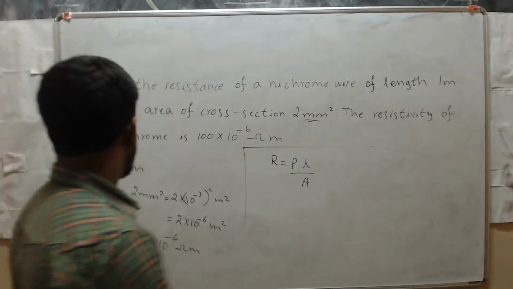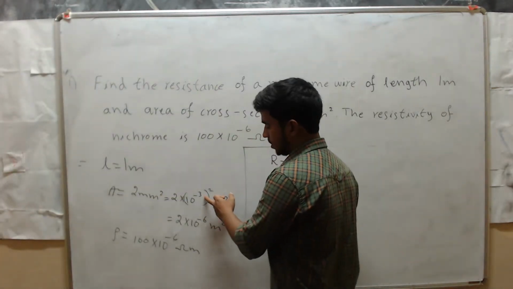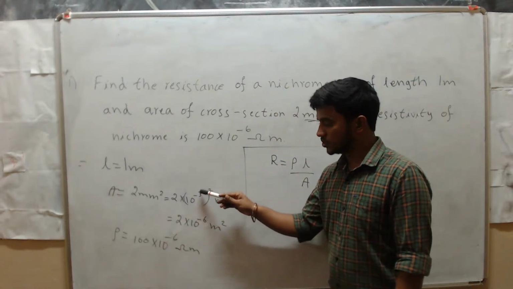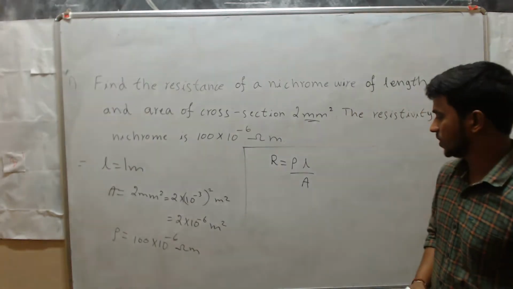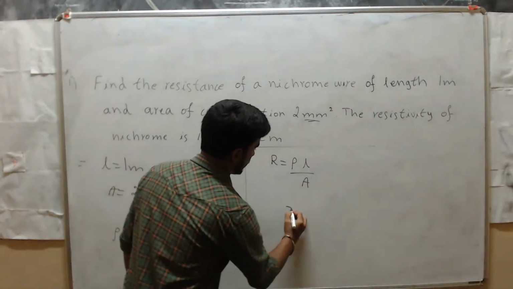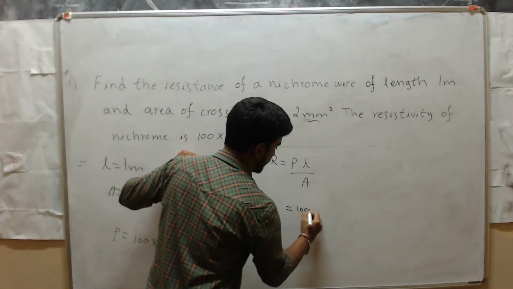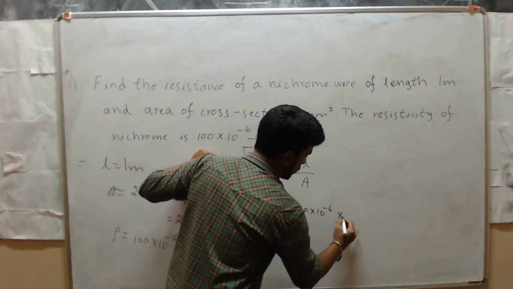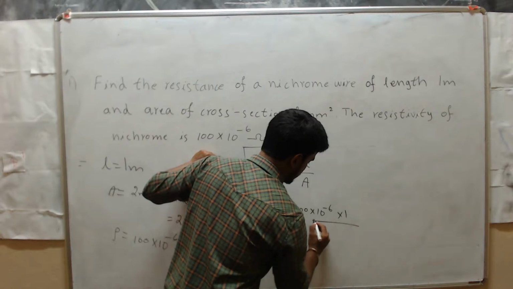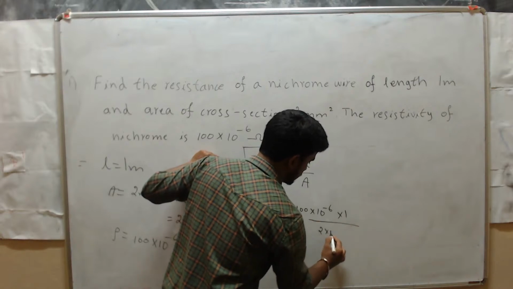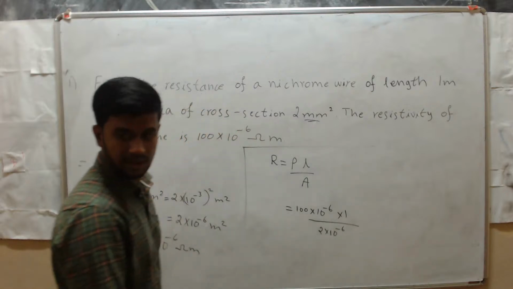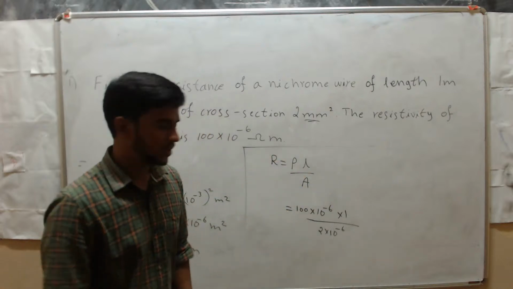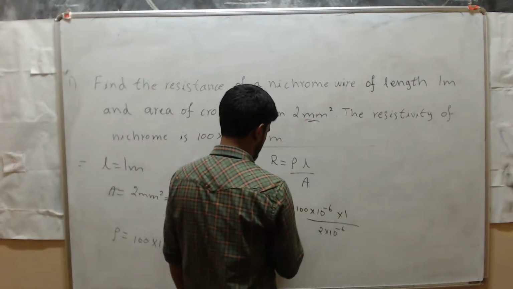Okay. See here, you should know why here we have taken the square. Because millimeter square is there. So millimeter square means we should take the square for milli. Now substitute the values. Rho is 100 into 10 raised to the power minus 6, length is 1 meter, and area of cross section is 2 into 10 raised to the power minus 6. While multiplying 100 into 1, you get the same answer.